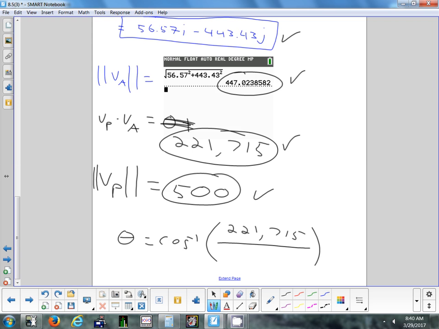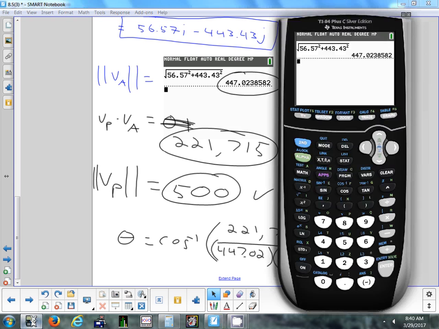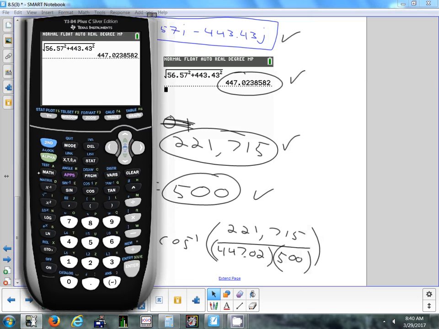So 447.02 times 500. The reason I was looking at it for a second is because the bottom has to come out bigger than the top. If it doesn't, you're going to get a domain error, but I'm hoping 447 times 500 is bigger than the top. Great, so let's type it in and see what we get.